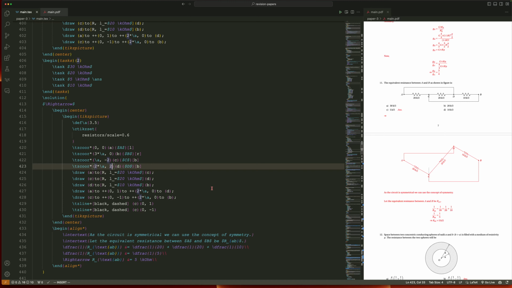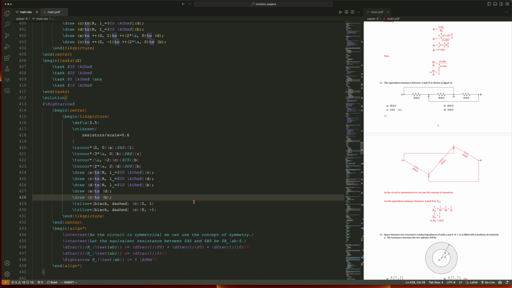I think A to D. So there, we can just join this directly, A to D. Let's remove this part. And also C to B. And let's see what happens.